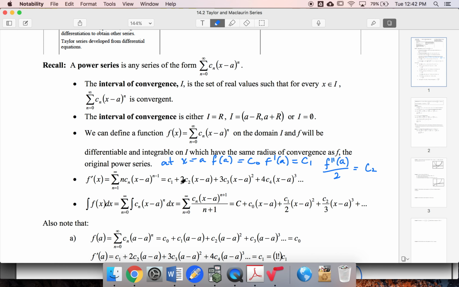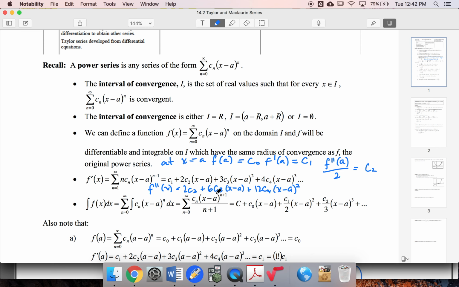If I take the third derivative, well, at that point, let me just write down my second derivative is going to be 2c2, that goes away, plus 6c3, x minus a, plus 12c4, x minus a squared, etc. So again, at x equals a, second derivative, 2c2, so c2 is second derivative at a divided by 2.